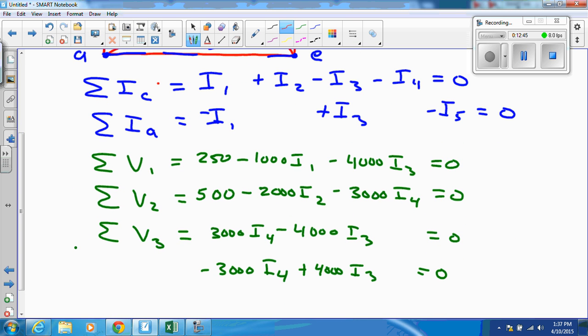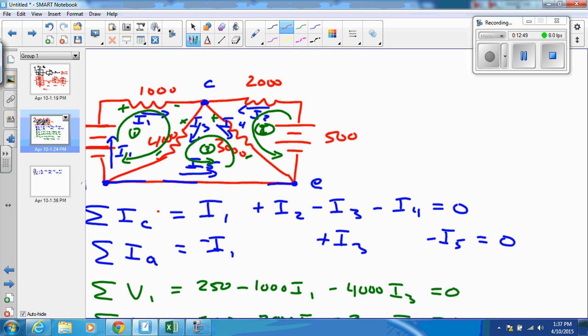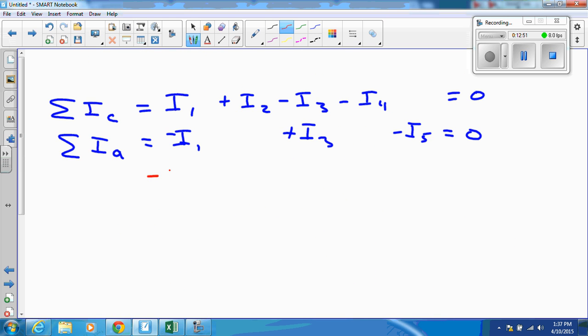Okay. This one is going to give me minus 1000 I1 minus 4000 I3 equals negative 250.